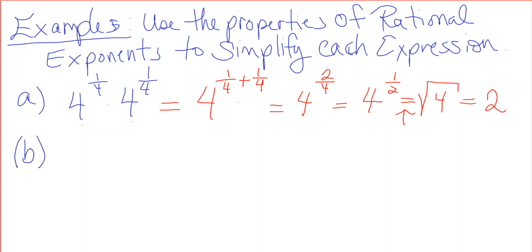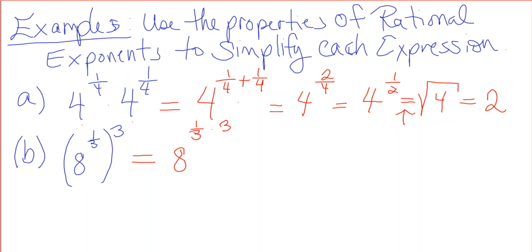So I got 8 to the 1/3 for my next example, and then cubed. We're going to use our properties to fix this up. So hopefully remember things from powers to powers means I can multiply their powers. So I should have 1/3 times 3.